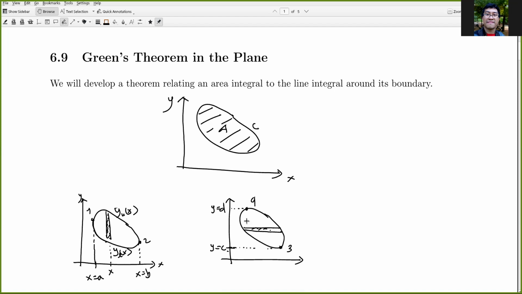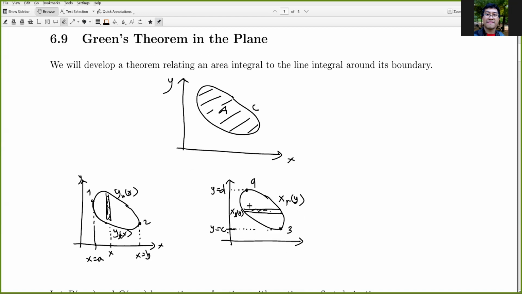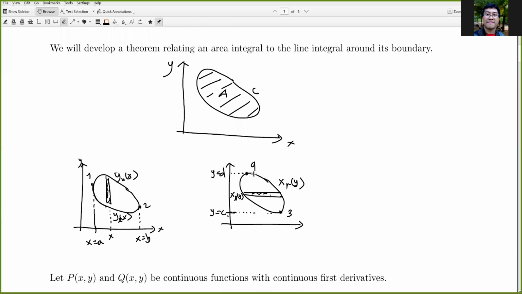Now between this point 3 and point 4, this region is bounded by this curve on the left, let's call that xl, a function of y, and to the right, let's call that x right or r as a function of y. So we now have these curves here, left and right.